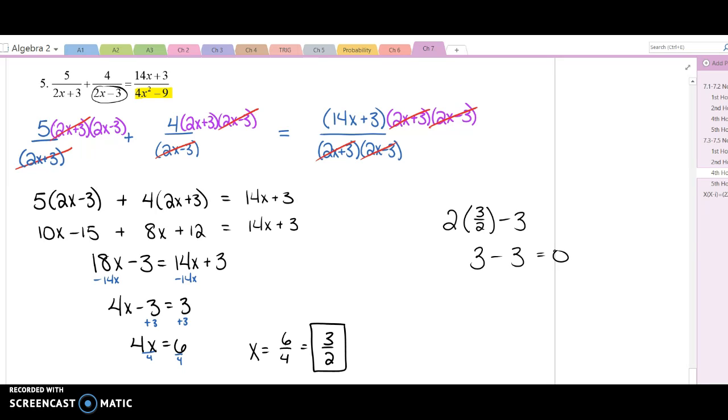If you want to check this in your calculator, you can use 1.5 to check it. So 2 times 1.5 plus 3, not 0. 2 times 1.5 minus 3, you get 0. So this denominator is the suspect denominator that makes this solution not work. So our final answer is no solutions.